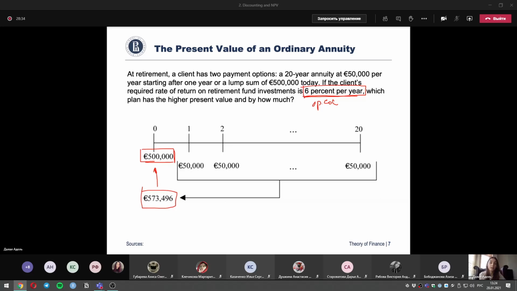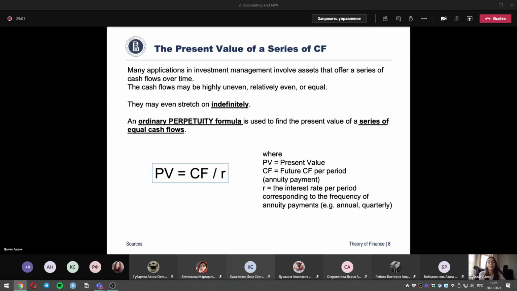All right, so for now we considered an asset that provides you a series of cash flows over some finite period of time, here 20 years. However, we also have assets whose cash flows can stretch indefinitely.